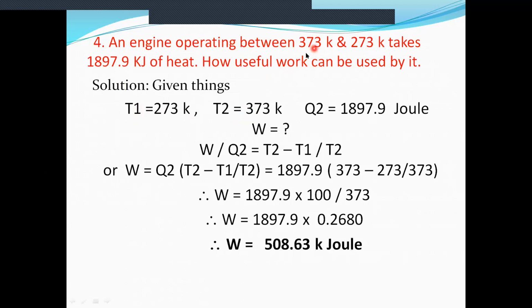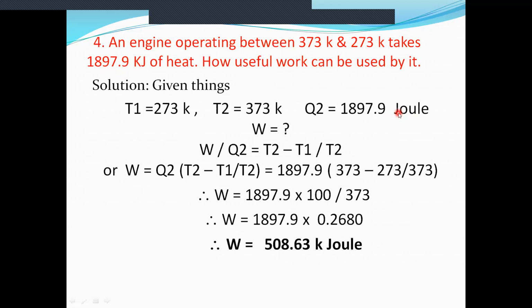So 373 is the higher temperature, so we take it as T2. Now 273 is T1, and Q2 is given, that is 1897.9 kilojoule. Here I have written only joule, but it is kilojoule.